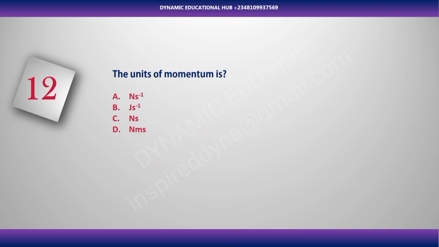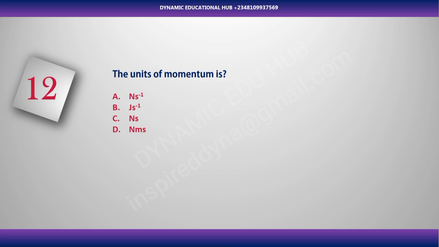The unit of momentum is... Let's define momentum. Momentum is the product of mass and velocity. If I throw an empty bottle at you and it hits you, you will not feel much pain. But let me put stone or sand inside that bottle, close it and throw it at you. Now, what you are feeling is known as momentum.